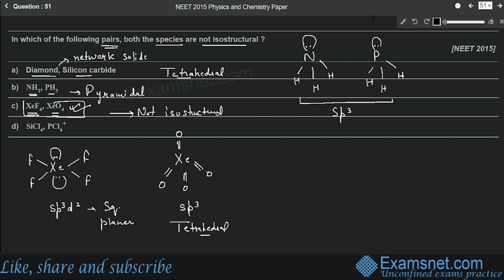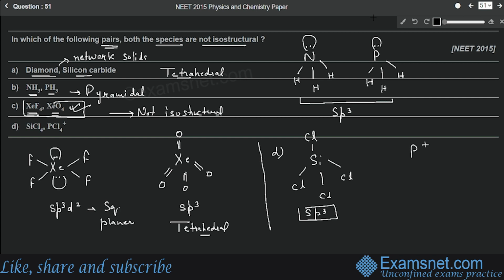Still, let's see the fourth one also. In option D we have silicon tetrachloride. That means silicon here, 3 chlorine atoms like this and 1 chlorine atom here. So this is sp3 hybridization and tetrahedral shape. The second species of this option is PCl4 plus.